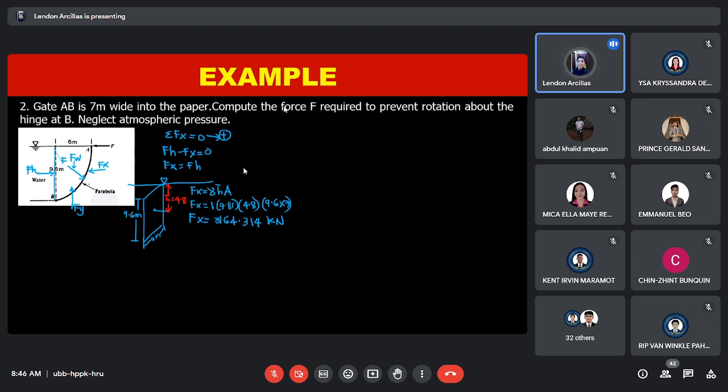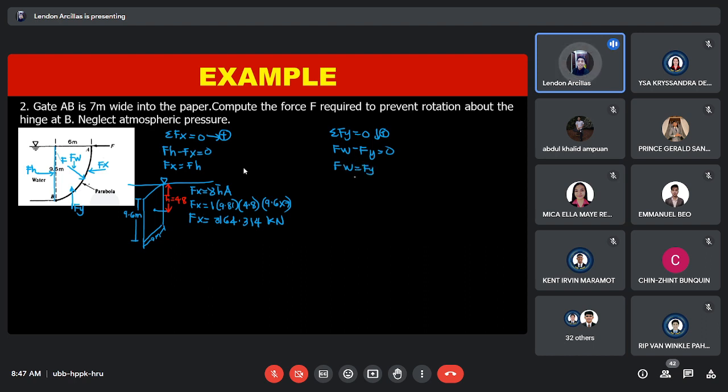Okay, next is yung ating f of y. Summation of y equal to 0. Positive lang ating downwards. Okay, so f of w is positive, f of y is negative kasi pataas siya. So f of w is just equal to f of y.